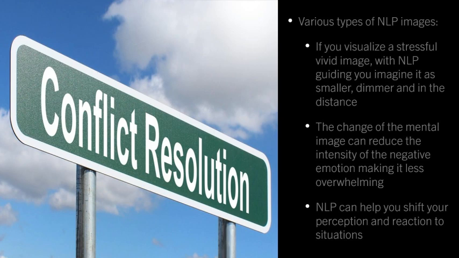So it makes the situation feel less overwhelming, and gives a person a chance to actually deal with it. And by carefully choosing words that guide our minds to adjust the details of those mental images, such as the size, the color, the brightness, or the proximity, NLP helps people shift their perceptions and their reactions to certain events or certain situations.